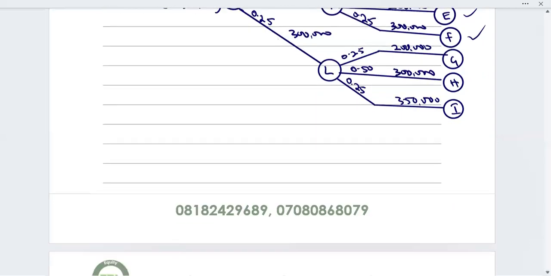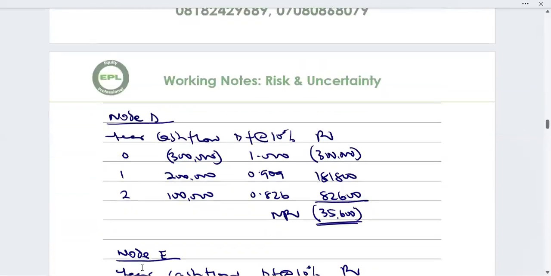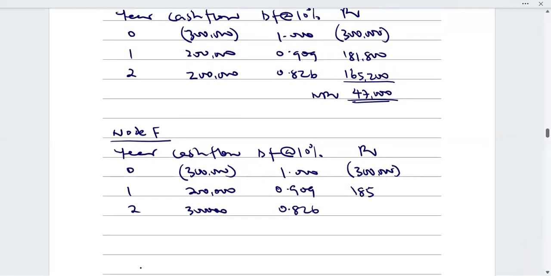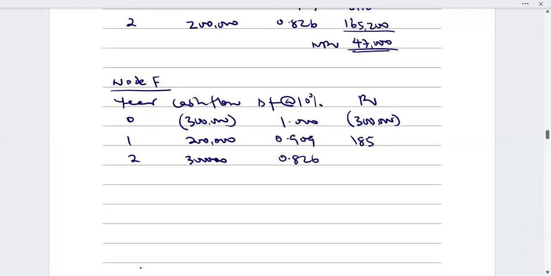Year 2, 300,000. Then 200,000 times 0.909 is 181,800.